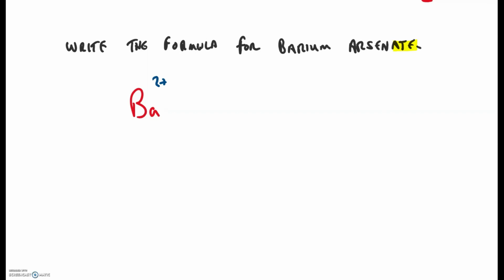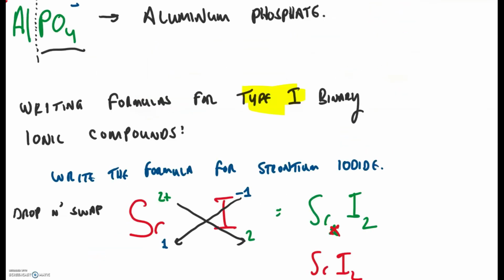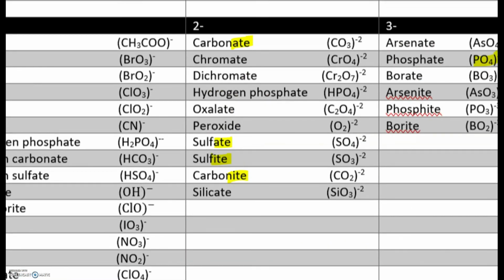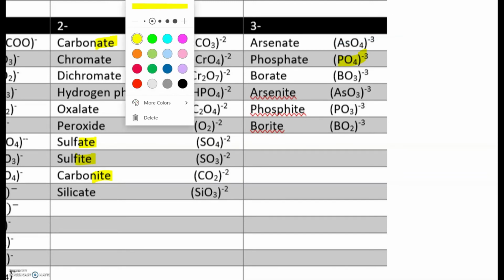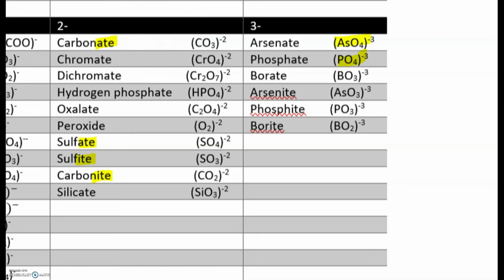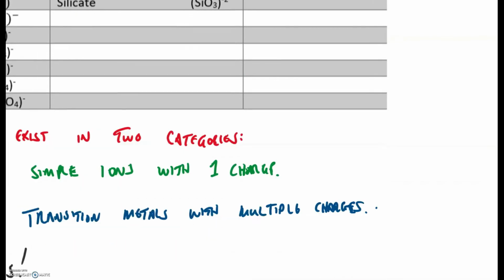Because it ends in -ate, arsenate is a polyatomic ion, so let's go look for it. And I see it right here. Arsenate looks like this. It is AsO4 with a charge of -3, and we can find it right there easily enough on our list. So let's put this together.